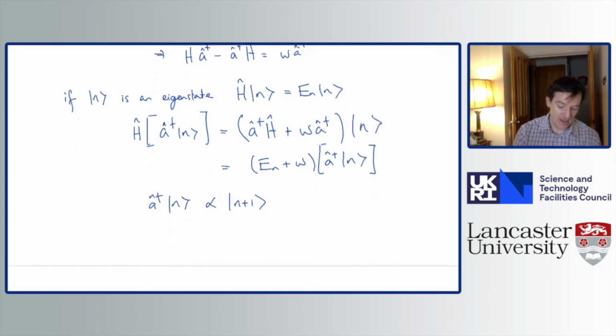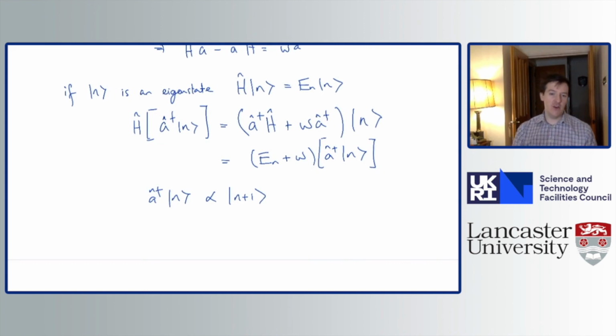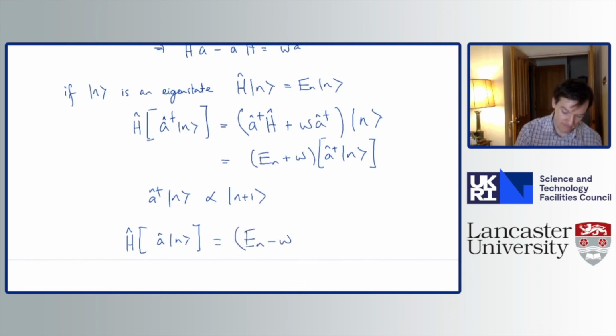Okay, and you can go through exactly the same argument with A instead of with A dagger. If you do the same argument with A acting on n, you would find that you get En minus omega.